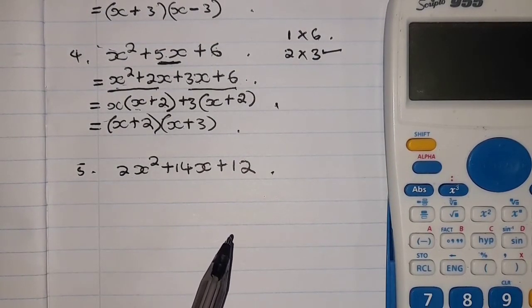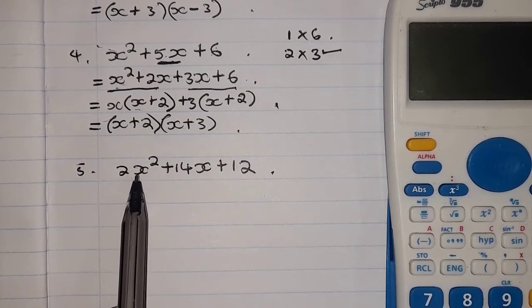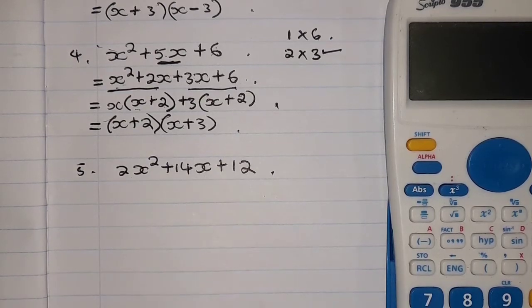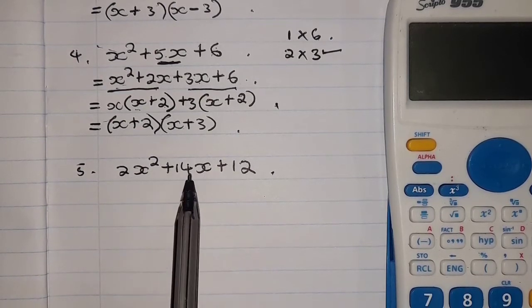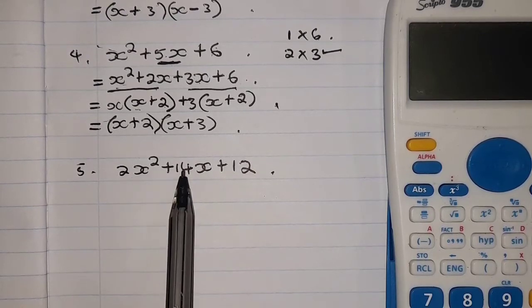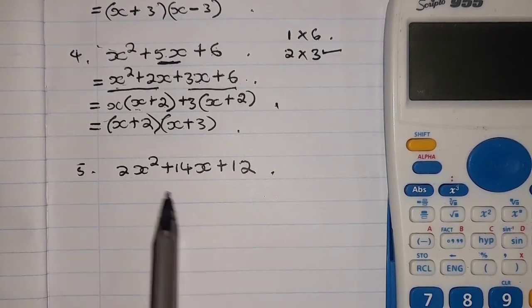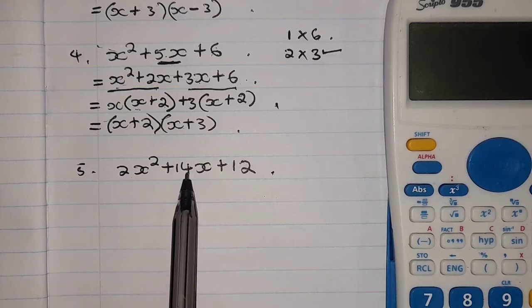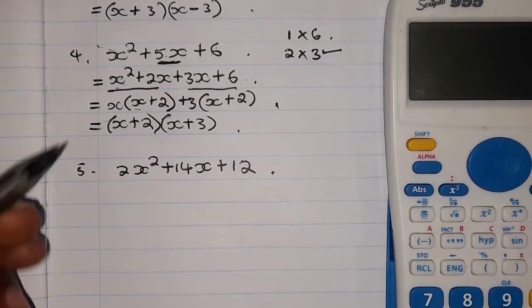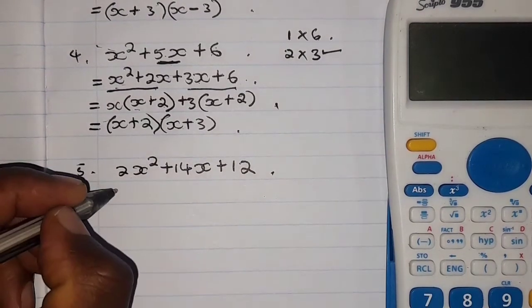Factorizing this one. The first thing that I want us to check is to see whether we have any common factor for these 3 terms. We have a 2 that can get into 14, and can get into 12 also. Let's factor out this 2.